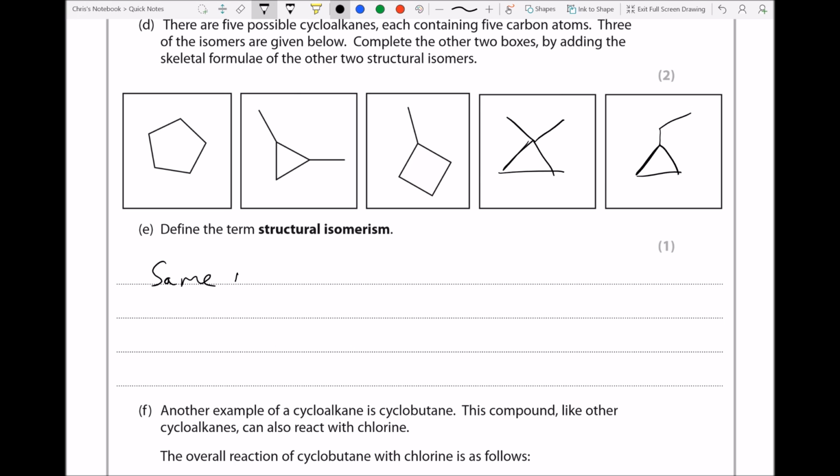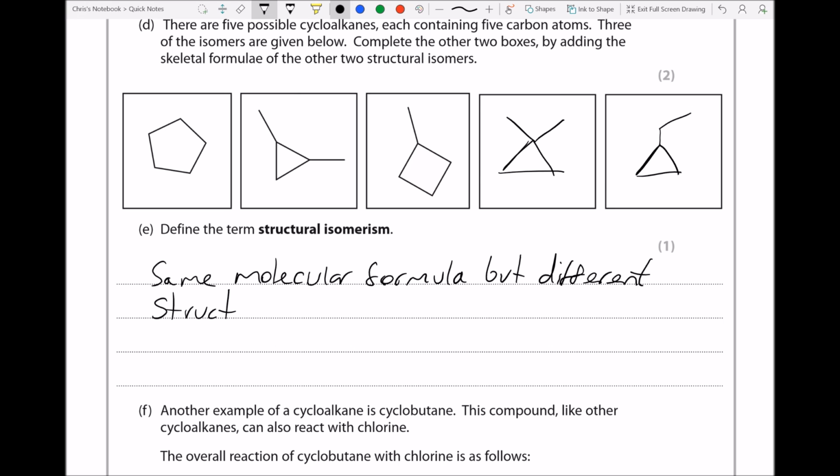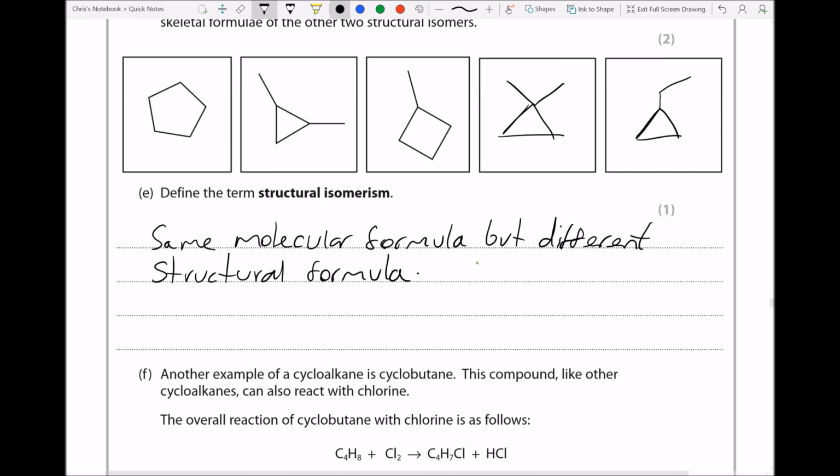So they've got the same molecular formula, but different structural formula. Okay, to get 1 mark for that, not too bad.